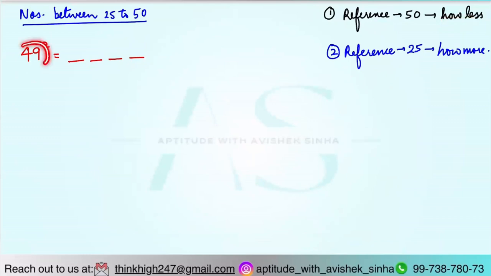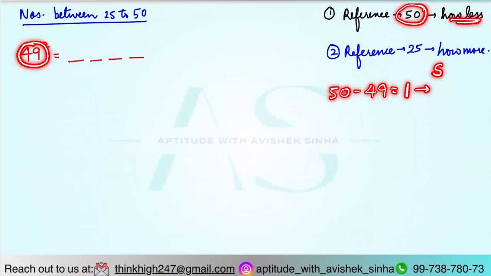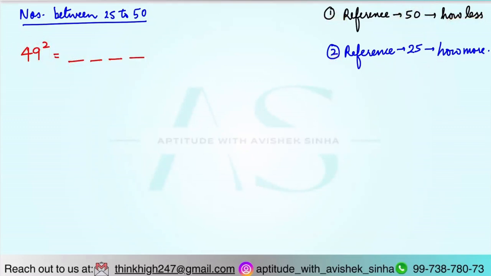How much less is 49 from 50? 50 minus 49 is 1 less. Please do the square of 1. What is the square of 1? 01. So these last two blocks are related to reference number 1. The first two blocks are related to reference number 2. So we do it as 50 minus 49, 1. The square of 1 is 01.